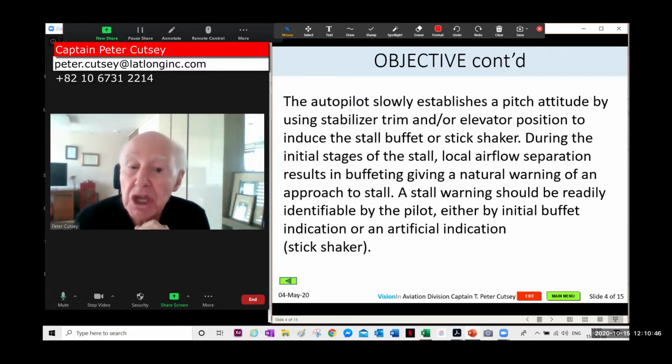During the initial stages of the stall, local airflow separation results in buffeting, giving a natural warning of an approach to stall. Stall warning should be readily identifiable by the pilot, either by initial buffet indication or an artificial indication, such as a stick shaker.